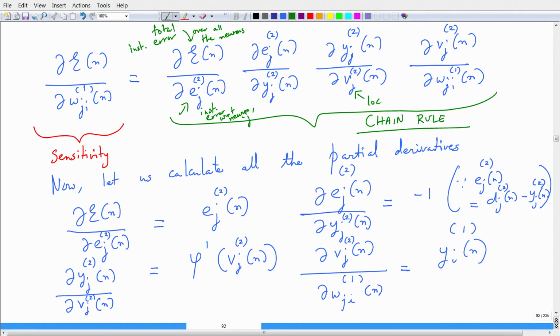So, this is the local reception field, and this is the function signal, just to recall.